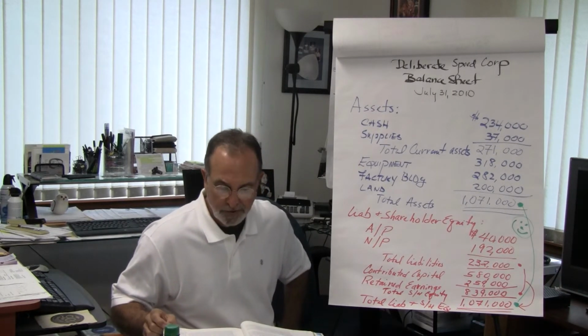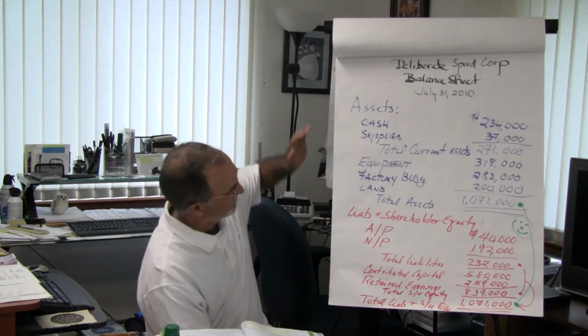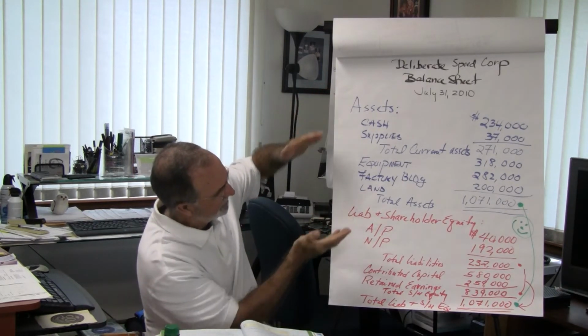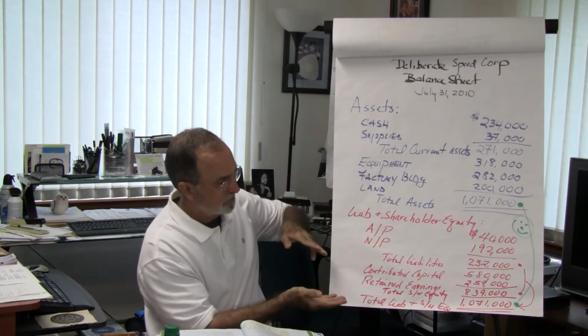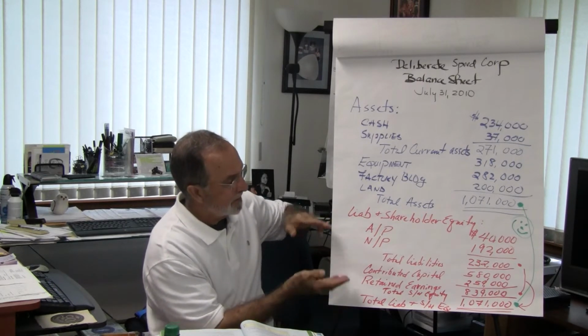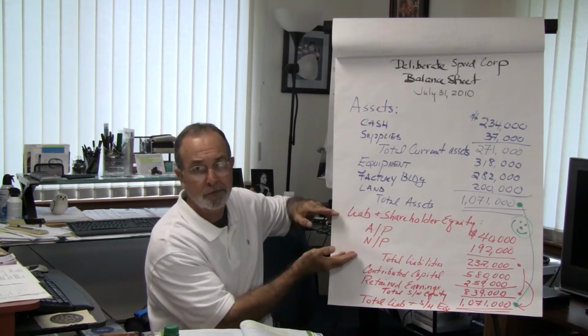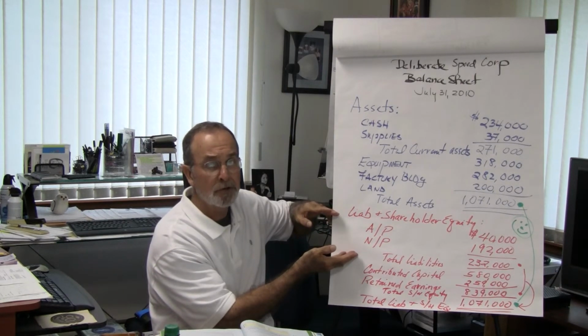It has a brief explanation of financing activities. Assets are financed with either debt or equity. And when we look at debt with respect to financing activities, we're looking at long-term debt.